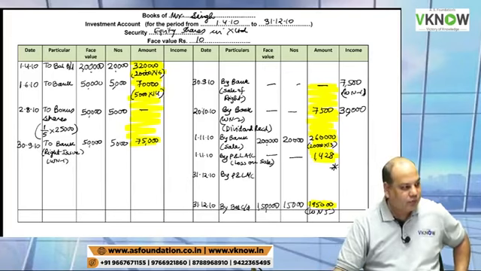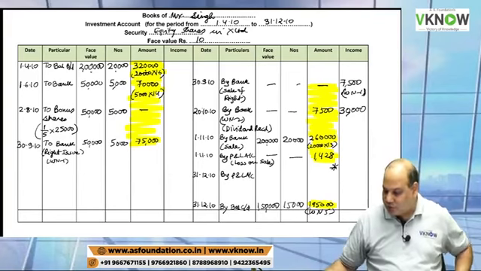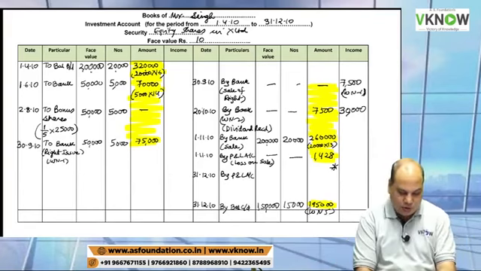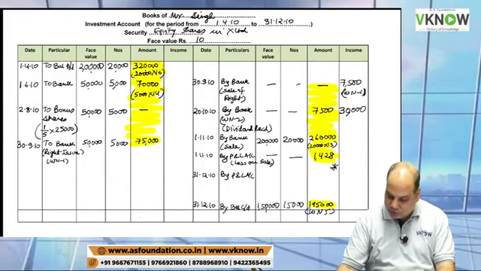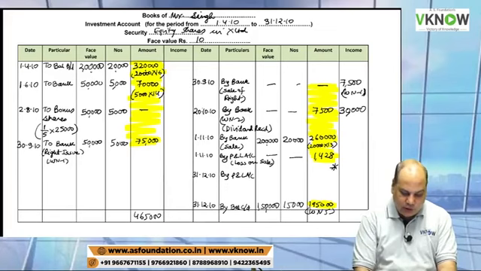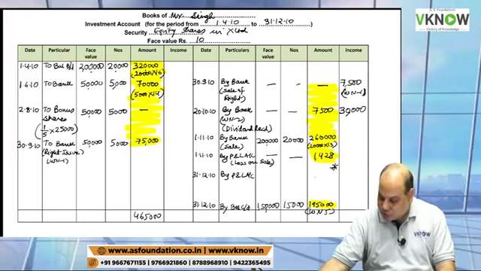First take the debit side total: 3,20,000 plus 70,000 plus 75,000, that is 4,65,000. Minus 7,500, minus 2,60,000, minus 1,428 and minus 1,95,000. So 1,072 is the loss.